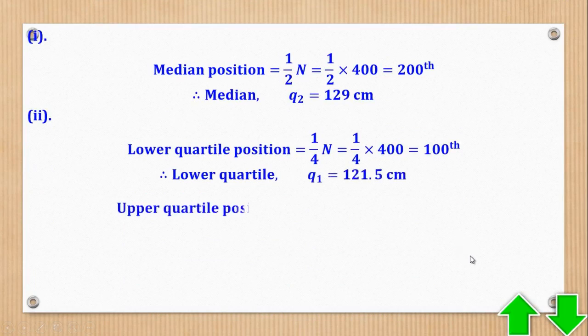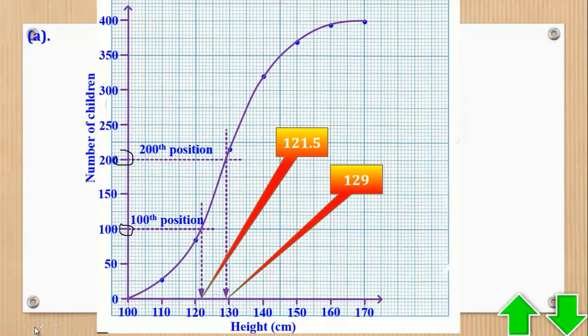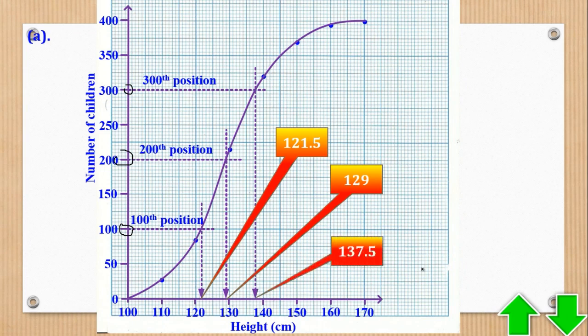For the upper quartile, it is 3/4 n, which is 300. So we'll come here and look for 300. Take a horizontal line to meet the curve, drop a perpendicular to meet the horizontal scale, and read off that value. So that will be your upper quartile.